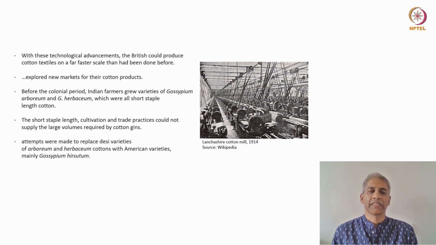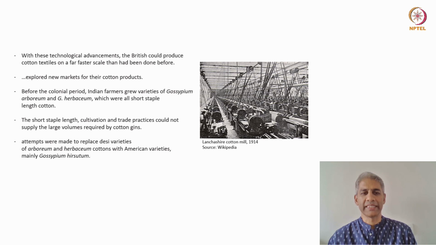So what the British tried to do was replace these varieties of short staple length cotton which Indian farmers were growing with American varieties, namely Gossypium hirsutum, which is a long staple cotton. And they went to the extent of inviting plantation owners from the Americas to India in order to teach British colonial officers and Indian farmers how to grow this hirsutum variety.